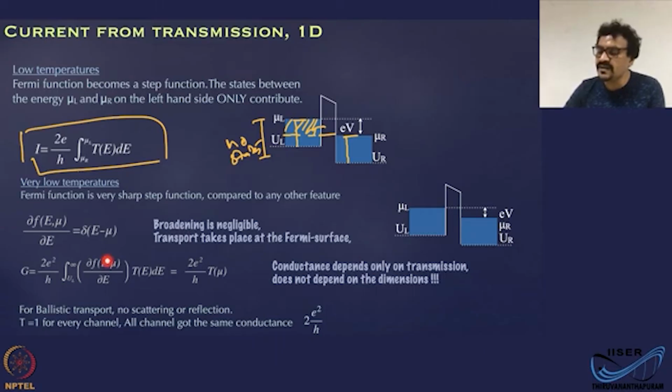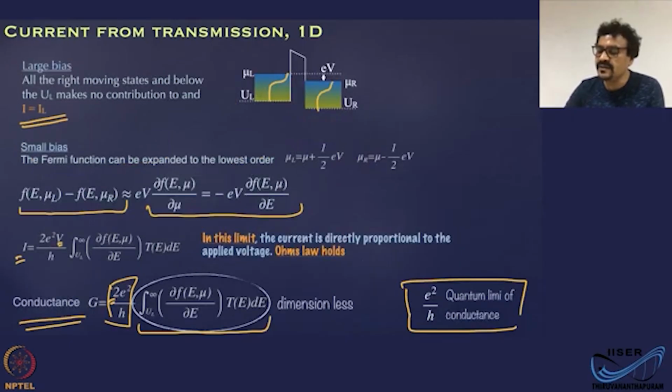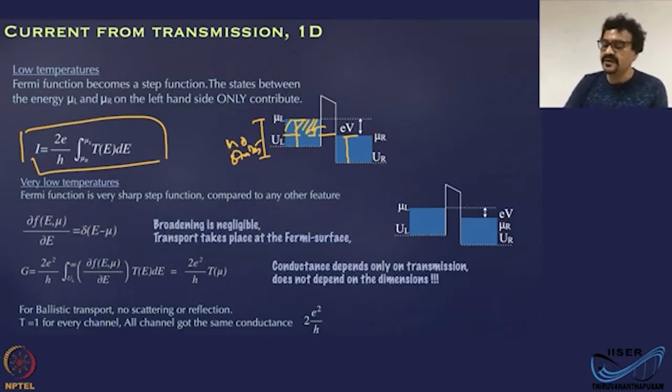Substituting this in this equation, which is what we have derived here, you get 2e square by h bar, integral from minus infinity to infinity, this function, but this function is now a delta function which has value only at mu.